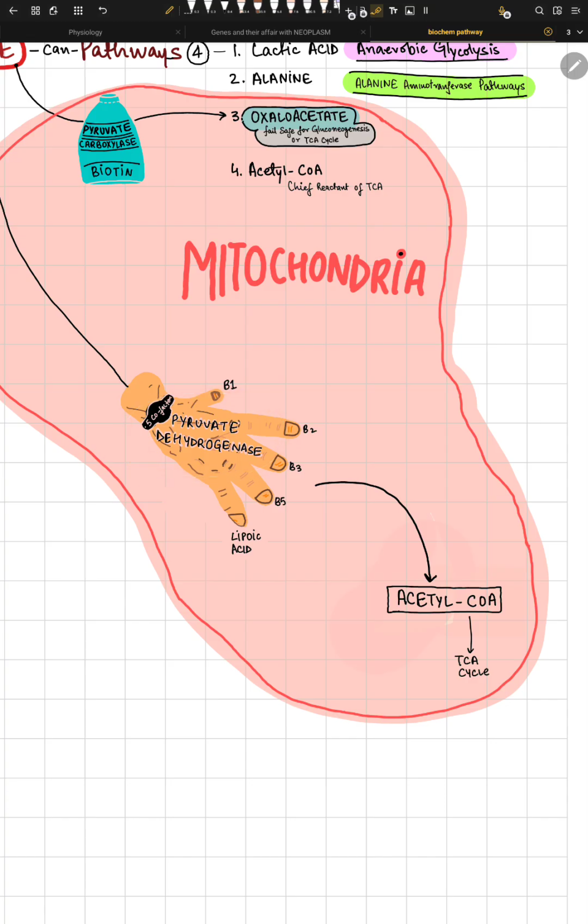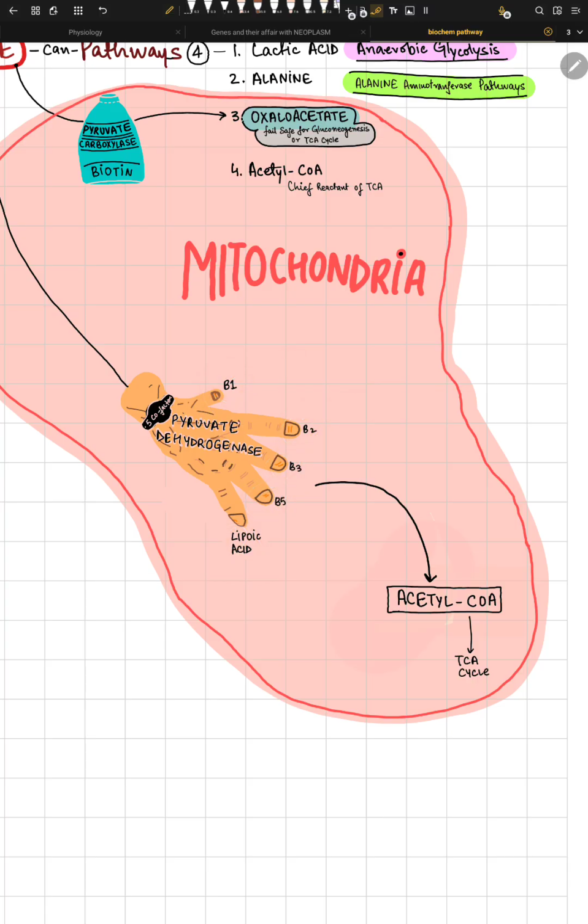It performs decarboxylation, that's number 1. Number 2 is oxidation. Number 3 is acyl transfer, which is done by lipoic acid. So all of these complex and multiple things are done by this single enzyme complex. That's why it has 5 cofactors, because each of them performs a different function.